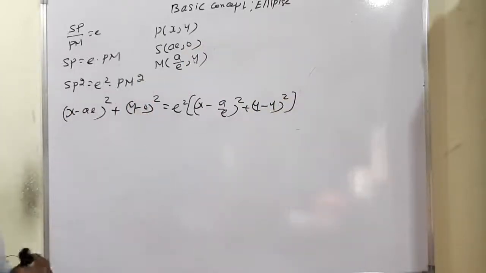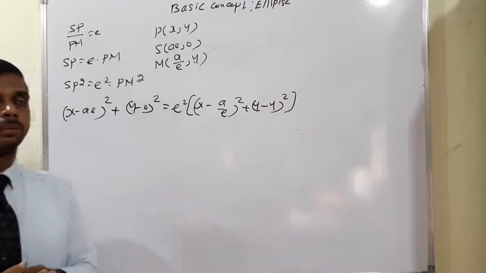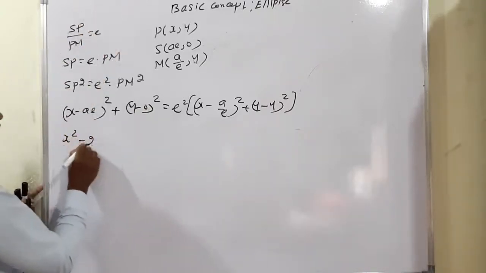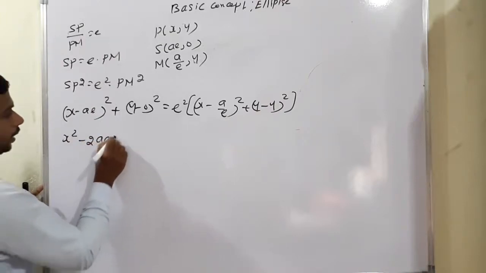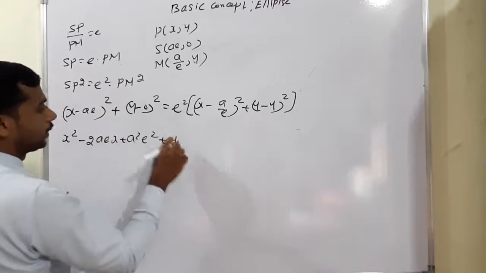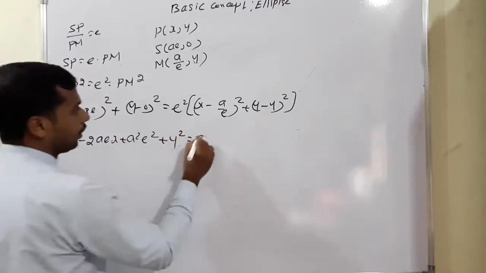Again A minus B the whole square form, A square minus 2AB plus B square, isn't it? So now x square minus 2AEx plus A square E square plus y square, then E square outside.